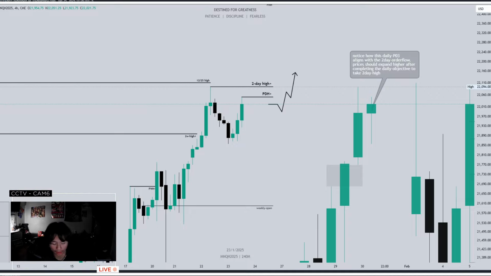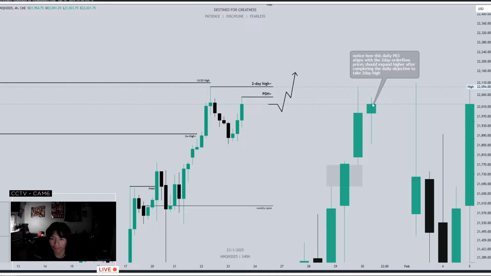something that you do want to pay attention to is that the 4-hour high here. So this 4-hour candle, notice how its high is the same high as the daily high. So that means that we should complete the daily model's objective within the next 4 hours.